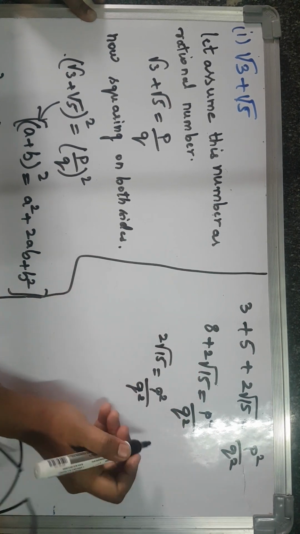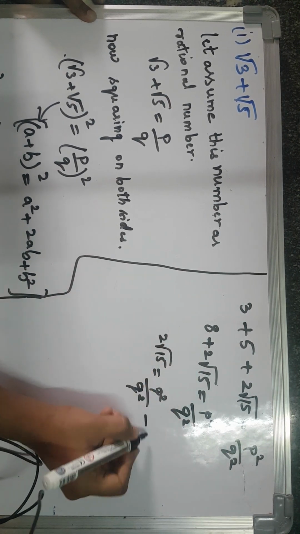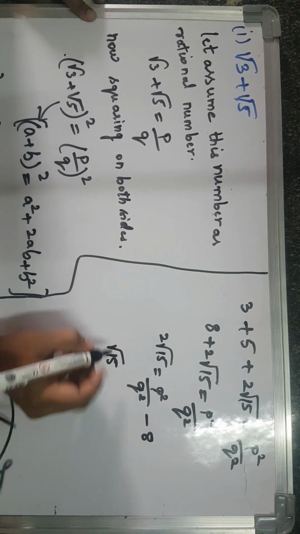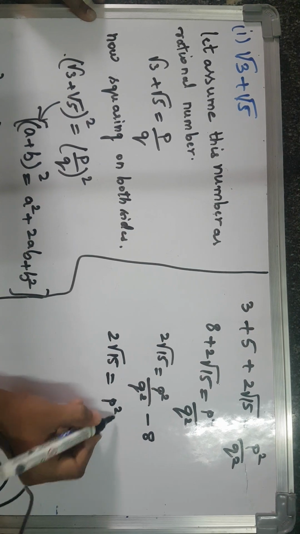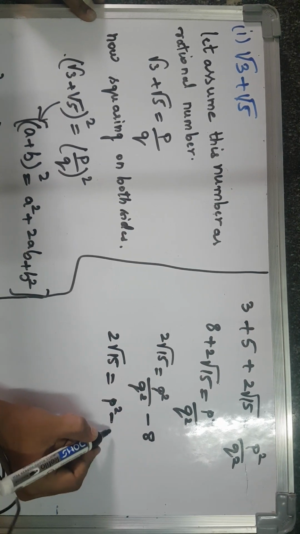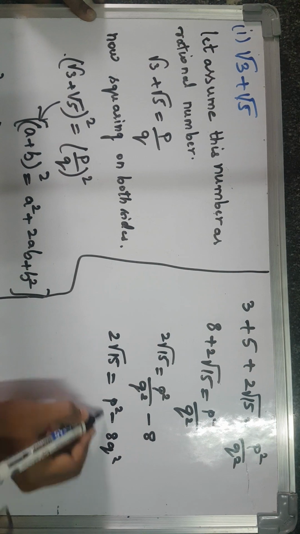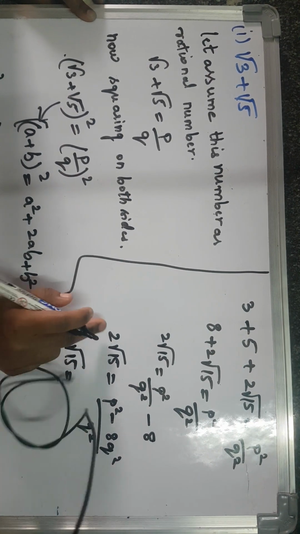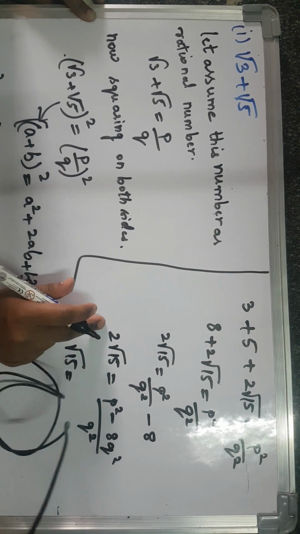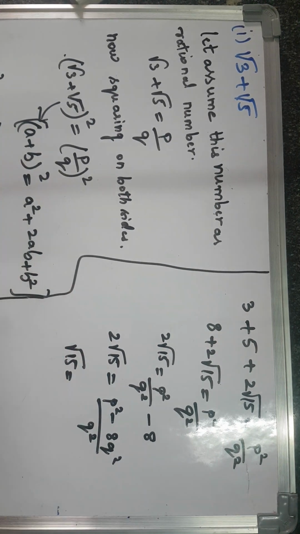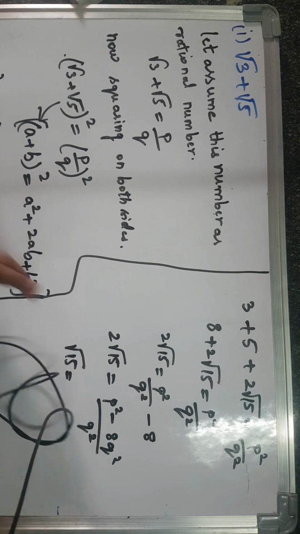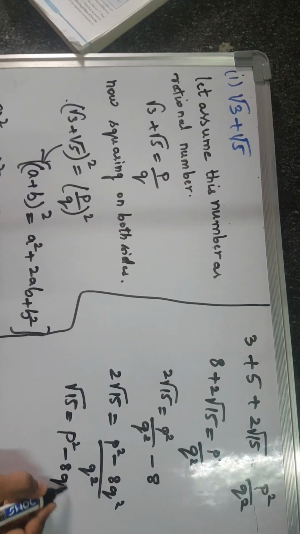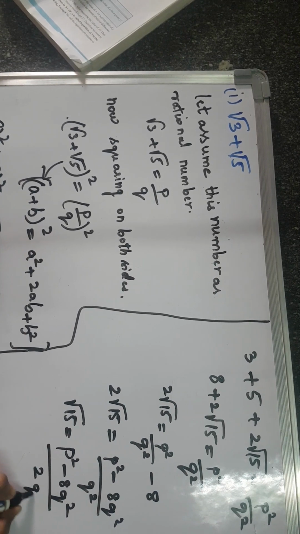Taking 8 to this side, positive 8 becomes negative 8. So 2 root 15 equals p square by q square minus 8. Take the LCM: p square minus 8 q square by q square. Root 15 equals, taking the 2 down, since it is multiplication on the LHS, when it goes to the RHS it becomes division: p square minus 8 q square by 2 q square.